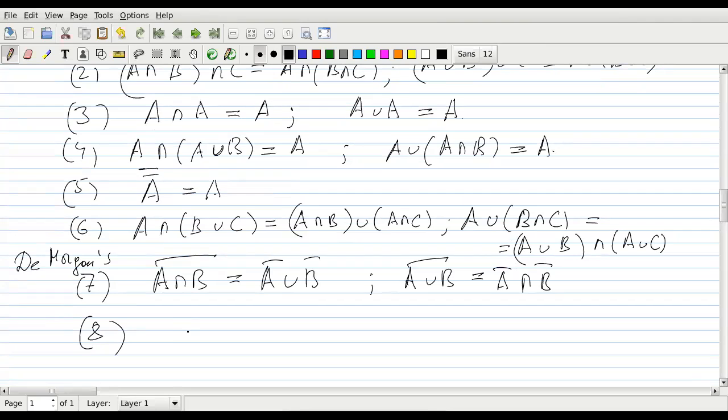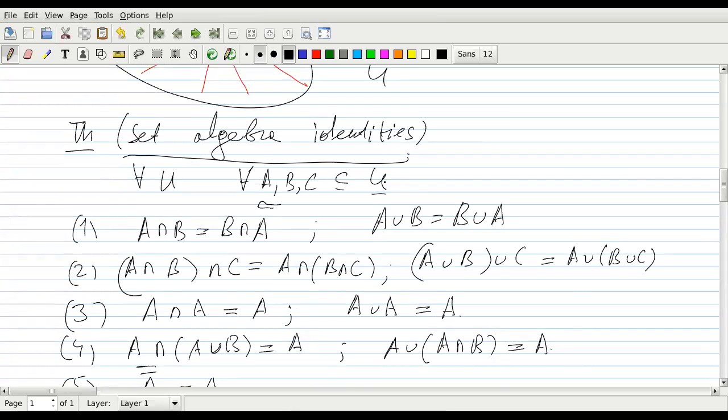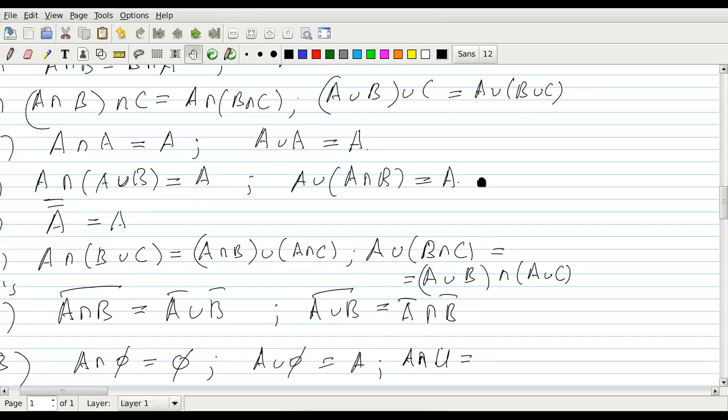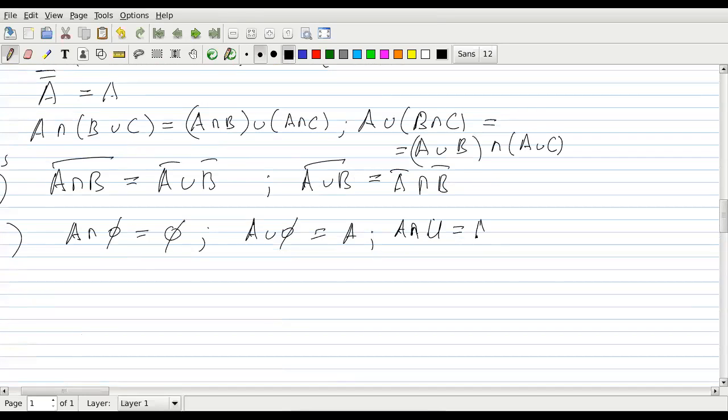Number 8, constants. The intersection of a set with the empty set equals the empty set, of course. The union of A with the universe: you know, A is a subset of U, so by the previous lemma, the intersection equals A, just A, and the union equals, of course, U. The complement of the empty set equals the universe.